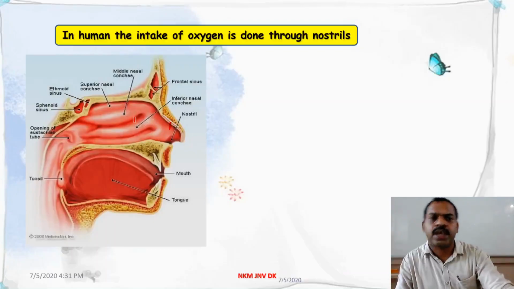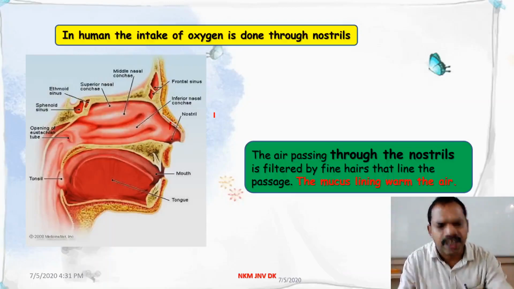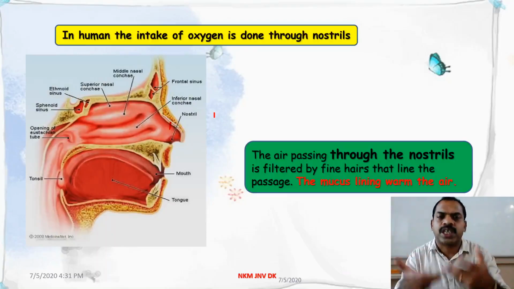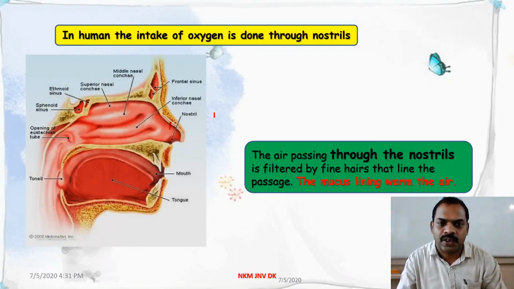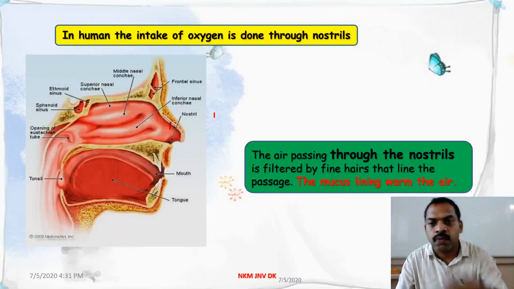They filter the air. And there is a mucus lining inside. How do we know there is a mucus lining? Evidence is there. When you have a common cold, the nose runs. What is happening? The mucus lining produces excess mucus to wash away the dust trapped there, or to remove the microbes that infected it. The mucus lining will also warm the air.